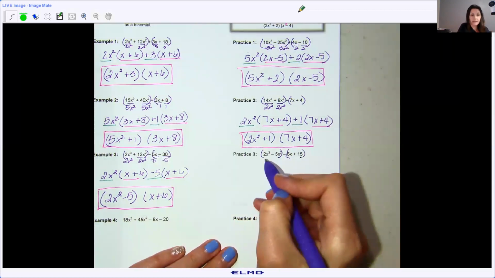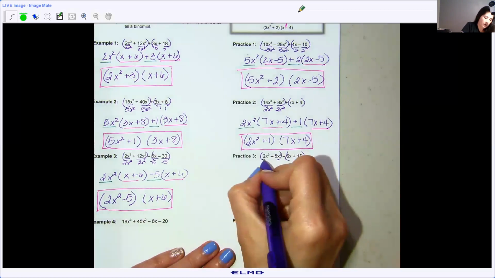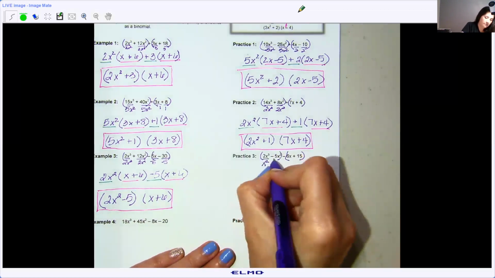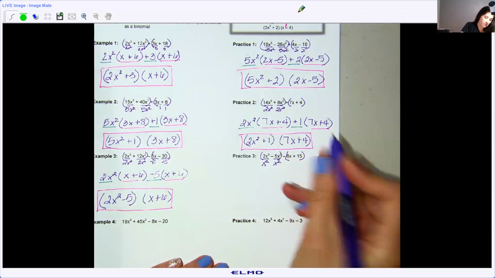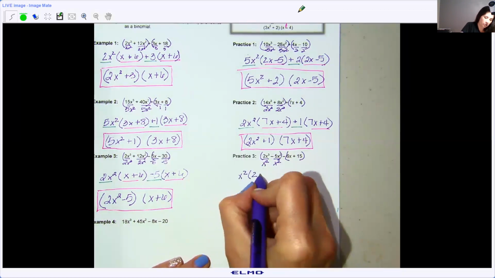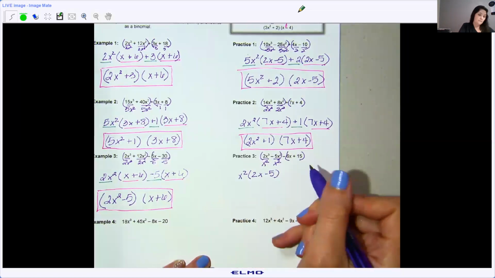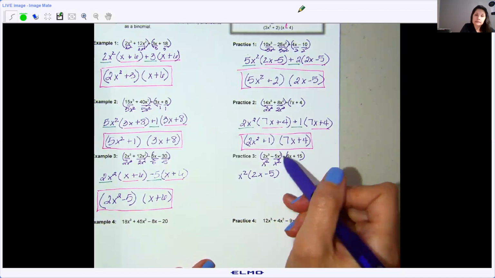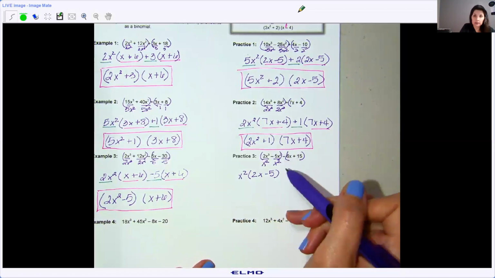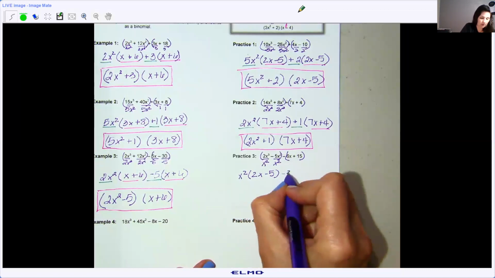All right, so in these 2 terms, I can only pull out a variable. So I'm going to divide both by x squared. Okay. And so I end up with 2x minus 5. Okay. And then here, since this is a negative, I'm going to pull out a negative greatest common factor of 3. So minus 3.